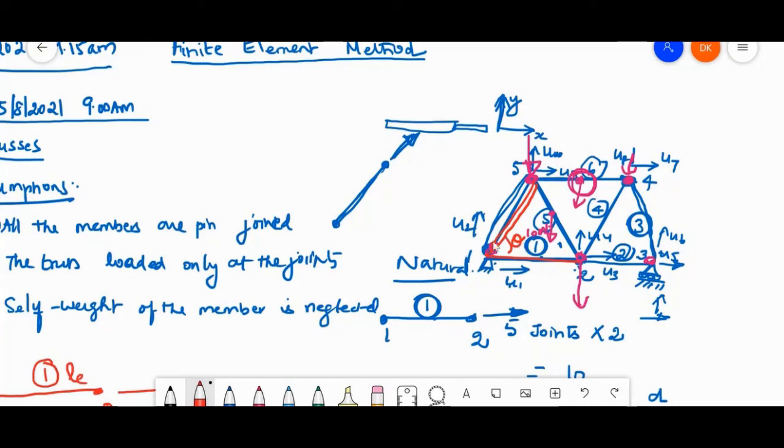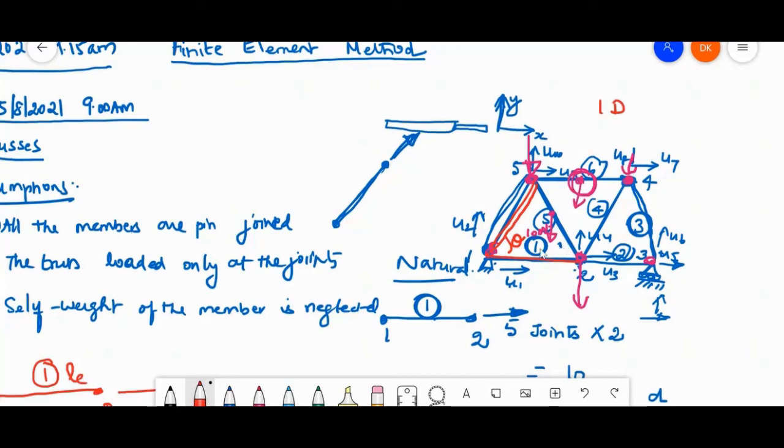So we have to take care of all these inclinations for analyzing the whole structure by considering it as a one-dimensional problem, because the different elements are placed at different angles.